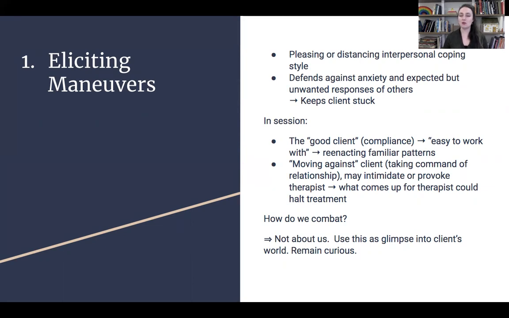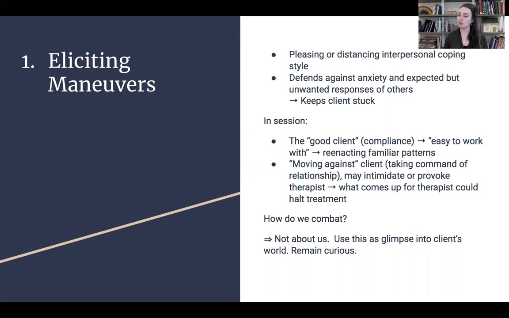In session, we might see the good client. They're really compliant, they seem really easy to work with, and they're reenacting familiar patterns, of course. Alternatively, we may see the moving against client. This is the client that's trying to take control of the therapeutic relationship. They may intimidate or provoke the therapist.